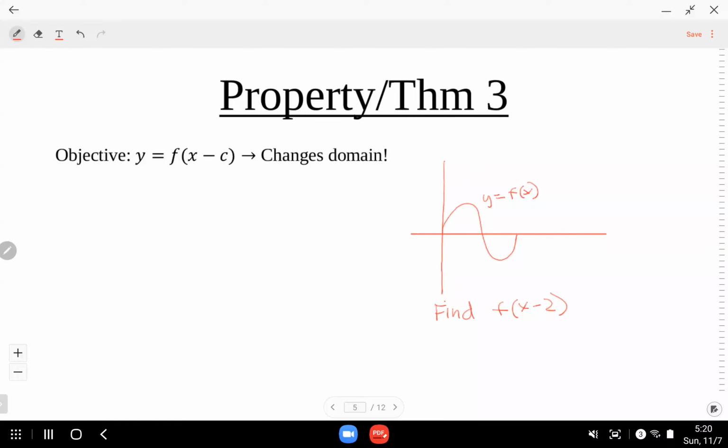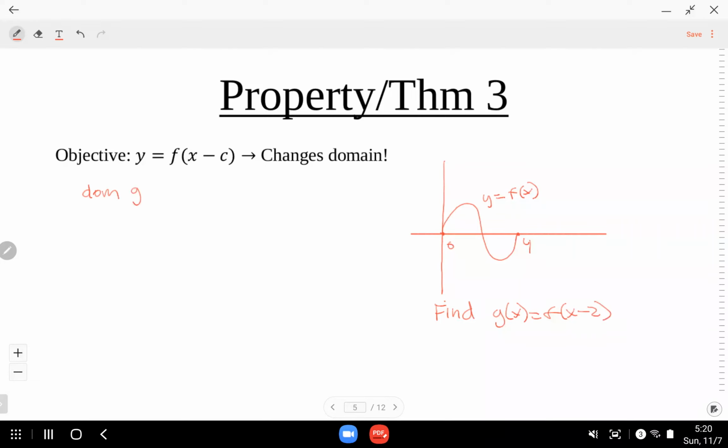You need to find the domain first, right? This actually adds 2 to the x value. Because the domain right here is 0 to 4, right? So we're going to find the domain. Let's call this g of x, which equals f of x minus 2, okay?